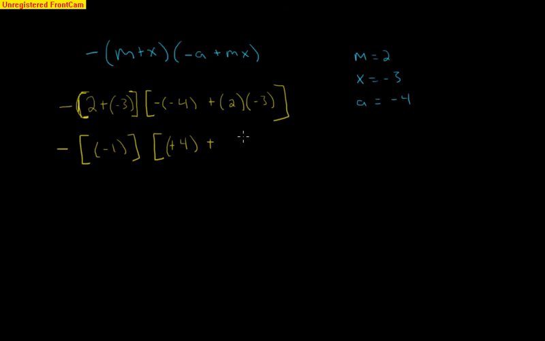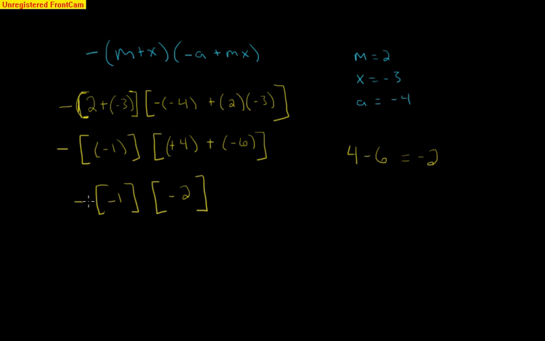Plus 2 times negative 3 is negative 6. So the opposite of negative 1 times positive 4 plus negative 6 is the same thing as 4 minus 6. That equals negative 2. So in here we have negative 2.